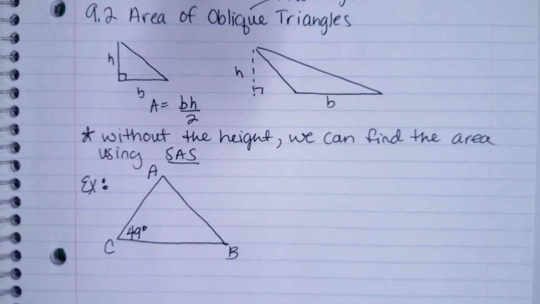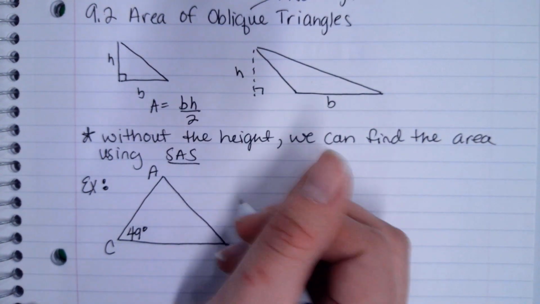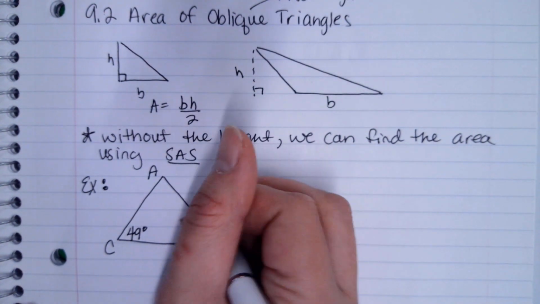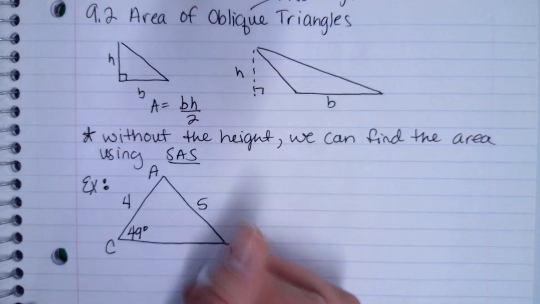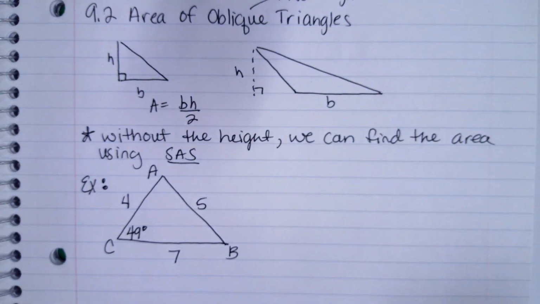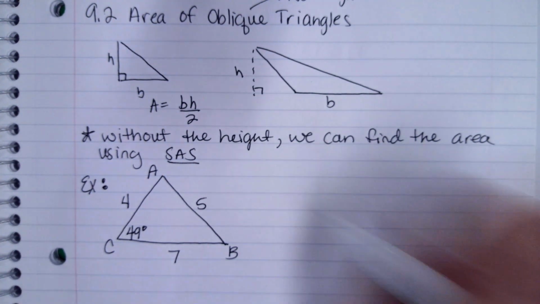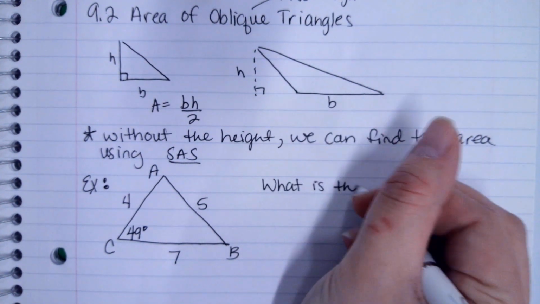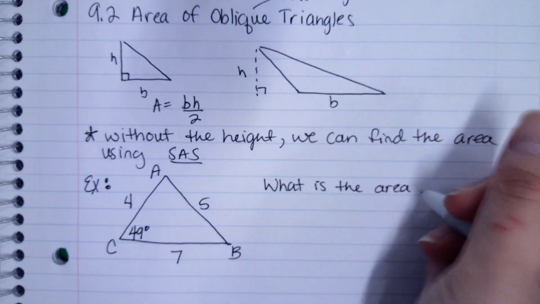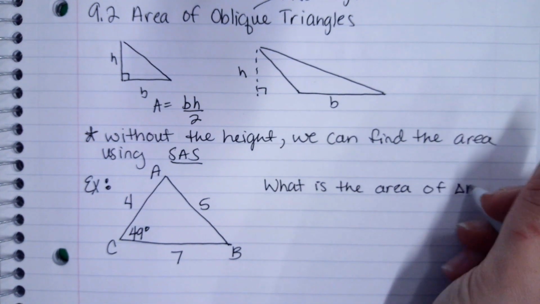Nothing special about 49 degrees. And I have all 3 sides. So I know that this side, and this is definitely not drawn to scale, is 5, this side is 4, and this side is 7. So I want to know what is the area of triangle ABC.